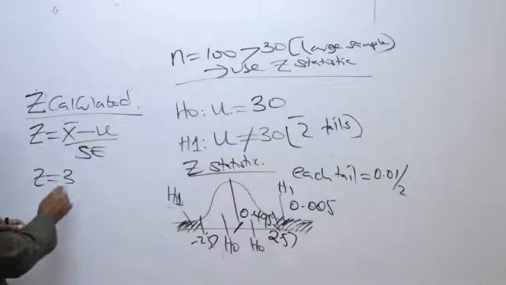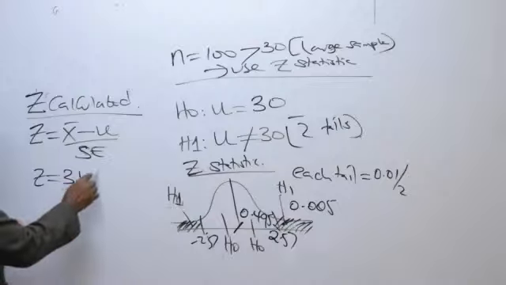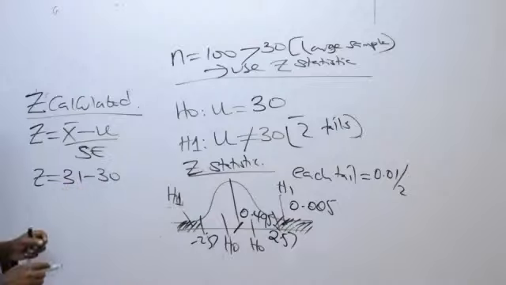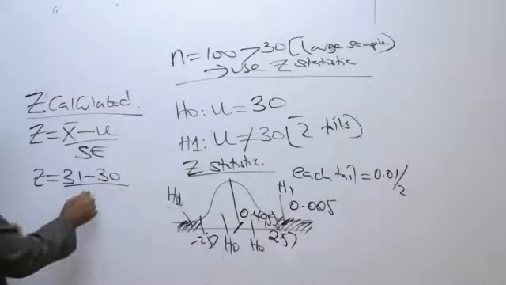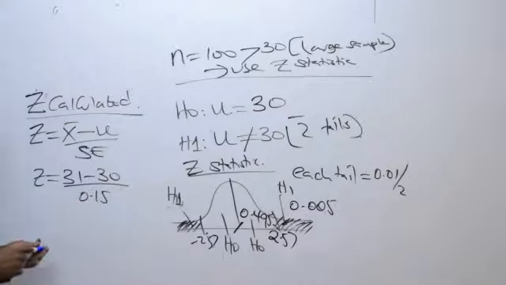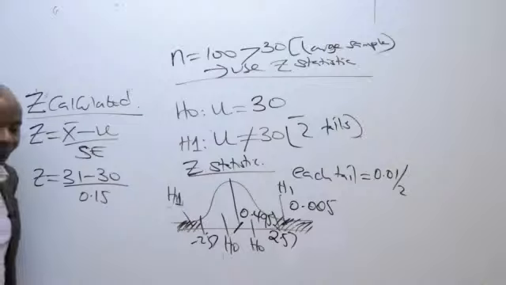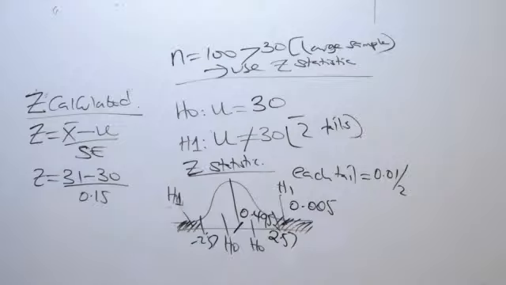They have told me the sample mean is 31, the population mean was 30, all over 0.15. So could you kindly give me this answer? Lokai, Denise, Denzel are giving me 6.67.